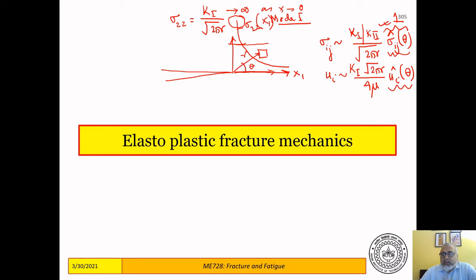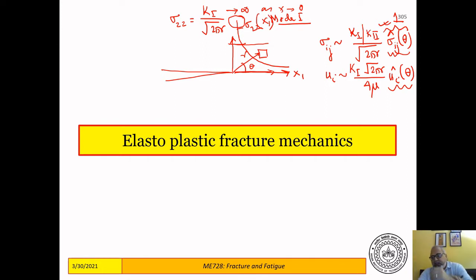So the need for elastoplasticity is actually underlined by the elastic solutions themselves, and we have to ask what is the validity of linear elastic fracture mechanics if we accept the fact that at the tip of the crack you must have a plastic zone. We accept that it's not an elastic problem, it's actually an elastoplastic problem. Then what is the necessity of linear elastic fracture mechanics? Okay, so we will look at this question.